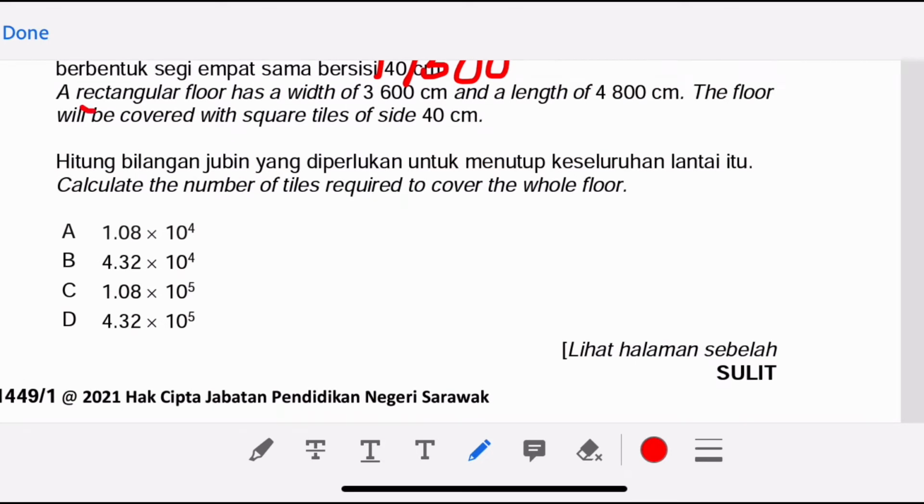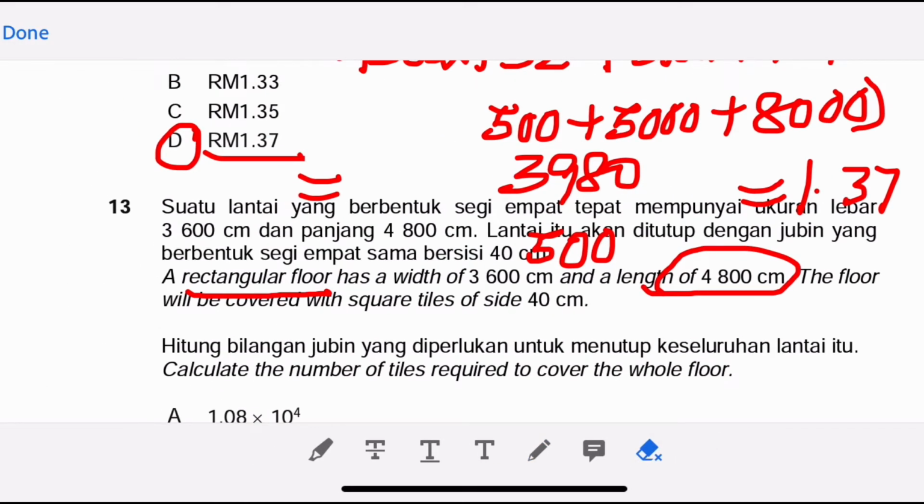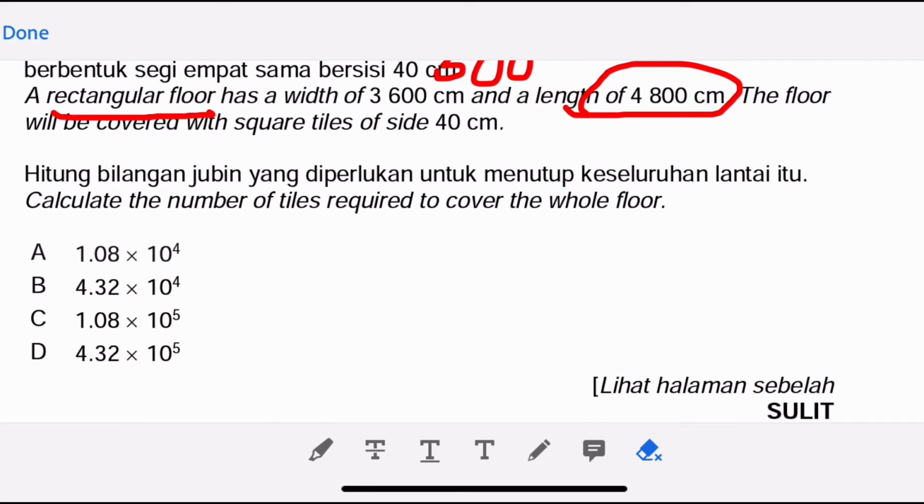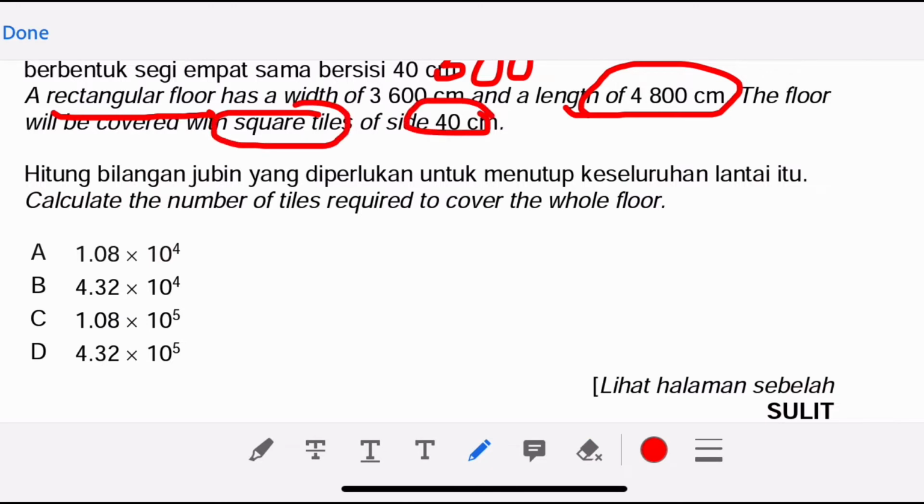A rectangular floor has a width of 3,600 centimeters and a length of 4,800. The floor will be covered with square tiles of size 40 cm. The tiles are squares of 40 cm.